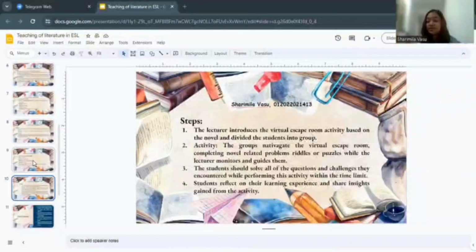Then collaboration. The collaboration is most important in working in a team. Working in a team encourages collaboration and teamwork, allowing students to share their ideas, and they can get to know about their strengths and problems from each and everyone.